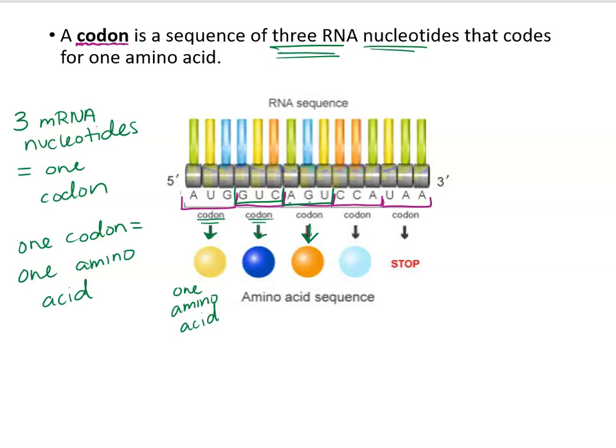The first codon in our mRNA is always going to be the start codon. That will never change in our message sequence. So mRNA begins with start codon, and that is AUG.